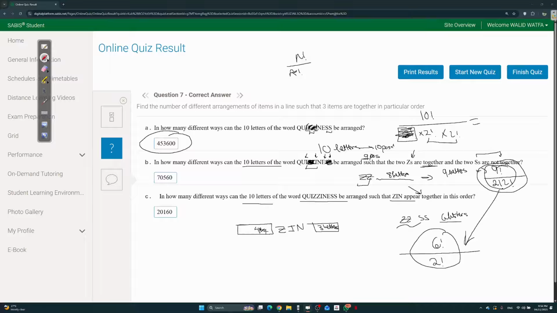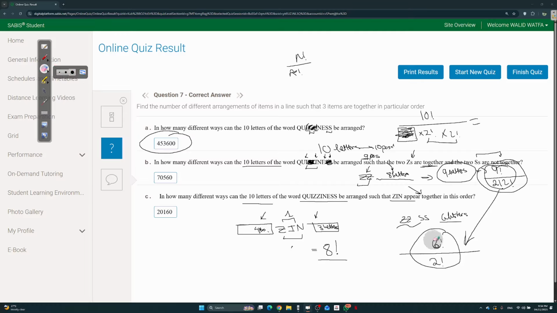If you're treating the ZIN as one block, the total amount of letters becomes 8. So it's 8 factorial over... sorry, go back here. I meant to say 8 factorial here.